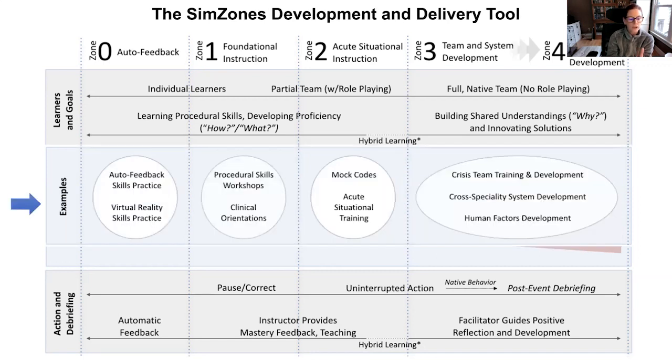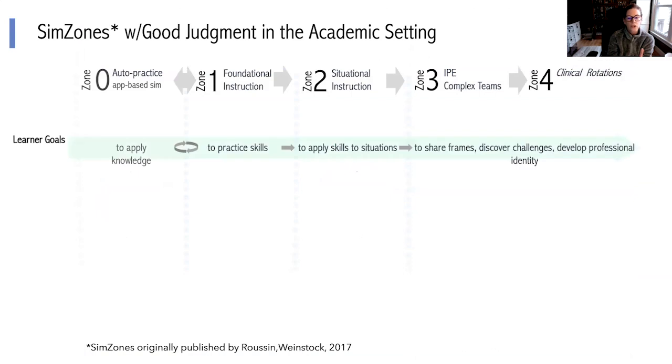And we've been trying to figure out in the academic setting, and you guys can help us think this through because we keep testing it out on people to see if it makes sense, that zone 0 is essentially the same. Zone 1 is foundational instruction with coaching and they're practicing their skills. Zone 2 is situational. They're applying those skills in situations.